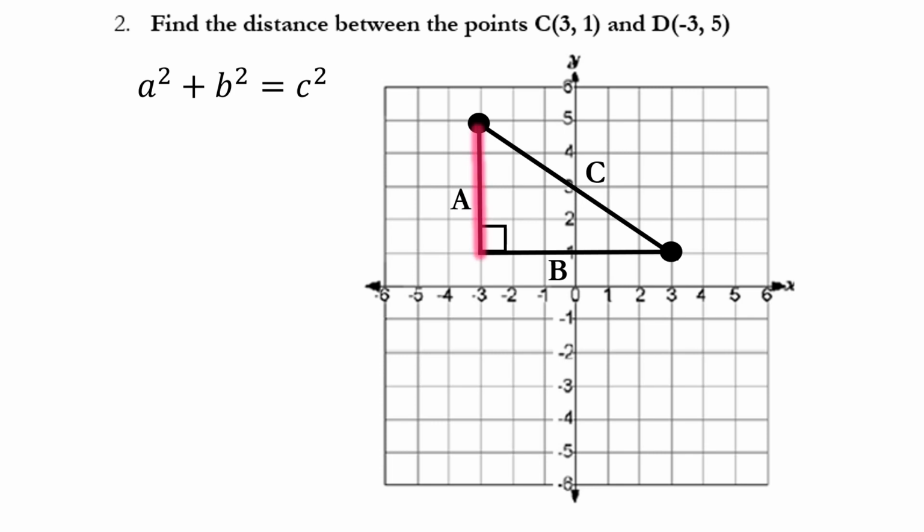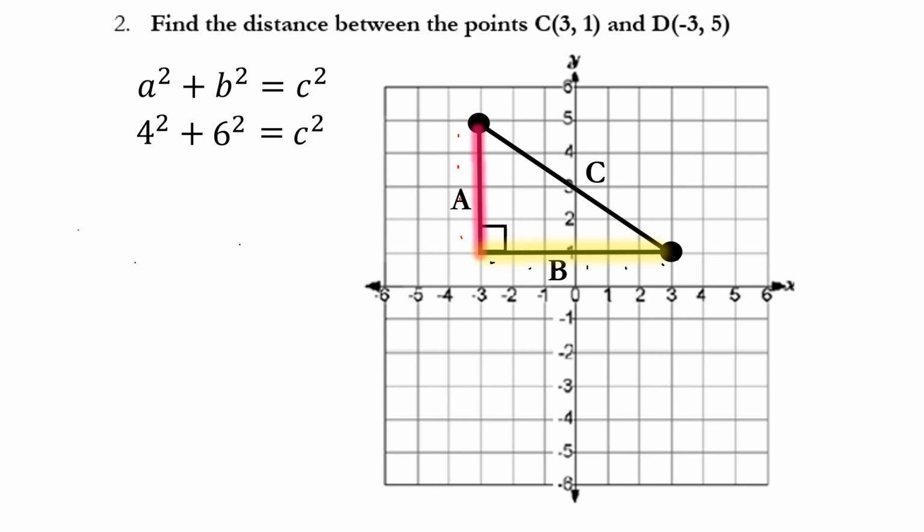Well, A has a distance of 1, 2, 3, 4. So A equals 4. Plus our B value, which is 1, 2, 3, 4, 5, 6. And that will help us to determine our C value.